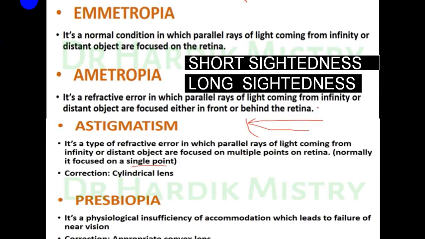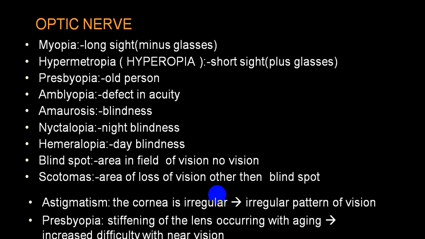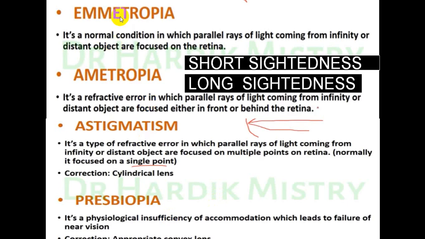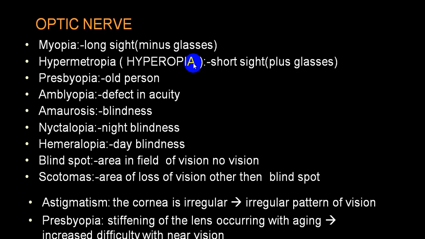There are other terms which are being utilized: for short sight, emmetropia; for long sight, emmetropia; astigmatism, presbyopia. These are the four terms. So instead of myopia, you can call it emmetropia, that is for short sight, and instead of hypermetropia, the other term.